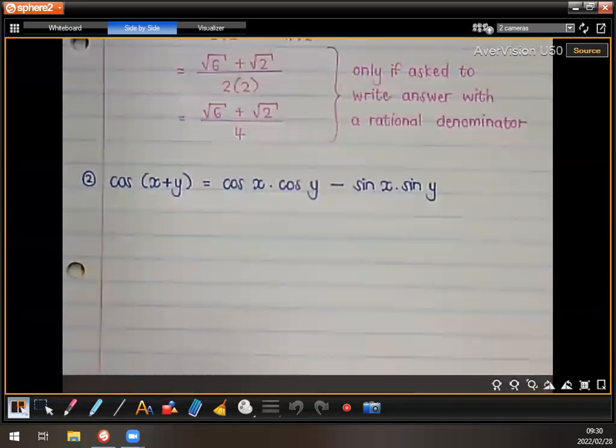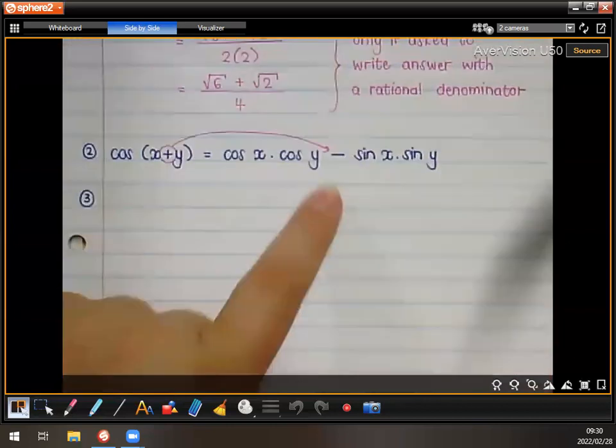The second one is cos of x plus y is equal to cos x times cos y minus sine x times sine y. So we have the exact same terms in these two expansions. The only thing that's different is the sign.